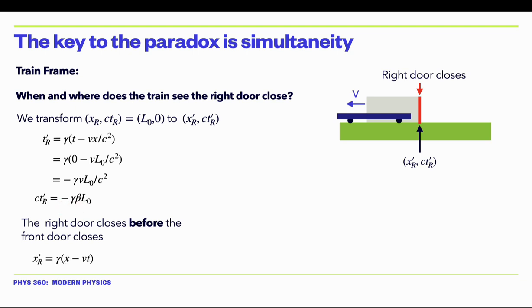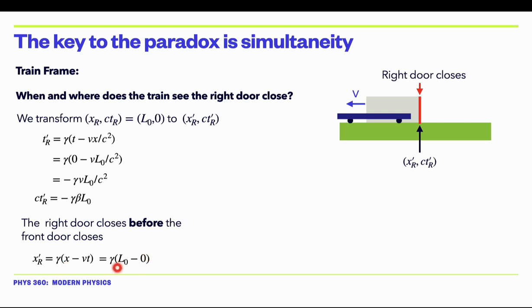We can find the position of the right tunnel door in the train's frame by using this Lorentz equation. We plug in, again, remember, the time that the right door closes is at 0, so plug in 0.